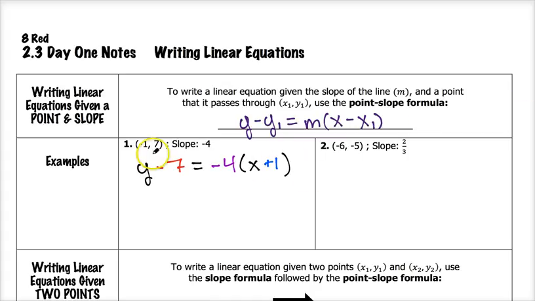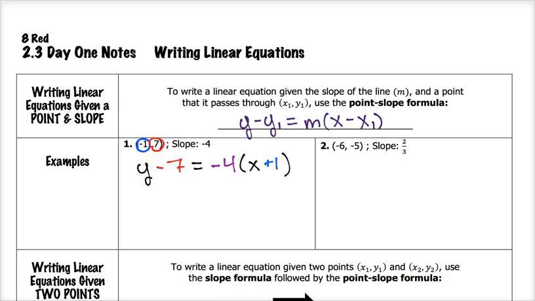The plus 1 we get from the x-coordinate of -1. If we plug in -1 into our formula here, remember minus the -1 would give us a plus 1, so that would change the sign here in the equation. And then the y-coordinate being a positive 7, plugging it in for y sub 1 into this formula makes this a minus 7. The slope, it just goes in for m, and that's a -4. So this is the point-slope form of the line.